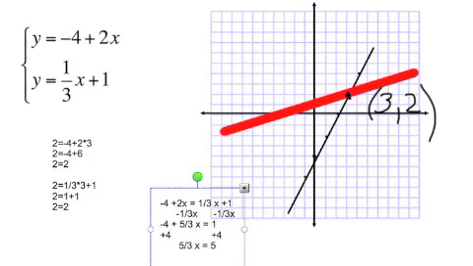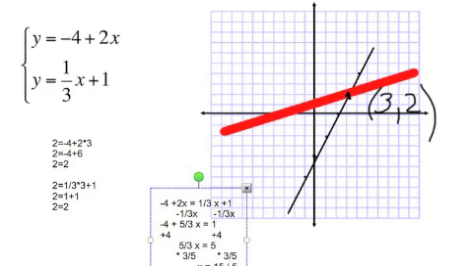I am going to multiply both sides by the reciprocal, which is 3/5. So I get x is equal to 15, 5 times 3 is 15, divided by 5, which means x is equal to 3, which verifies the intersection point.